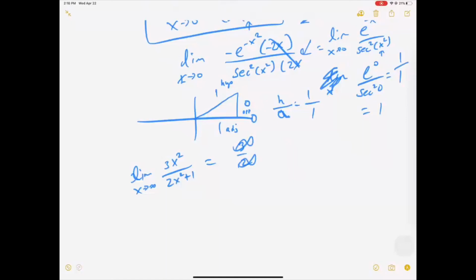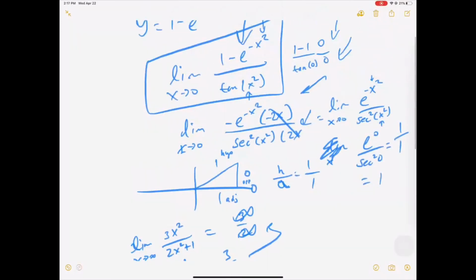And that's one of the cases for L'Hopital's rule. L'Hopital's rule says if it's 0 over 0 or infinity over infinity, take the derivative. If we take the derivative, which is 3 over 2, same answer. So one of the cool things is that L'Hopital's rule allows us to find the limit if it's either 0 over 0 or infinity over infinity.